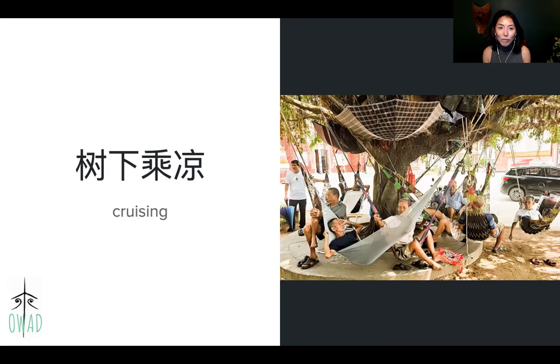But 树下乘凉 actually has another social meaning beyond the literal cooling. You're seeking the coolness under the tree. Tree here, in a second layer of meaning, is somebody who becomes powerful in terms of social status, becomes a powerful person, and people who are related to that person, families or friends, are going to have a cruising time.